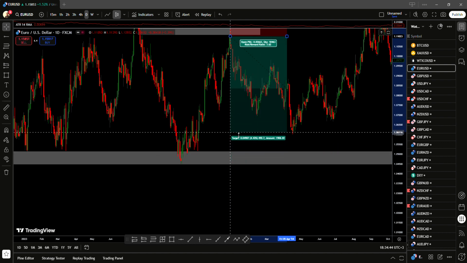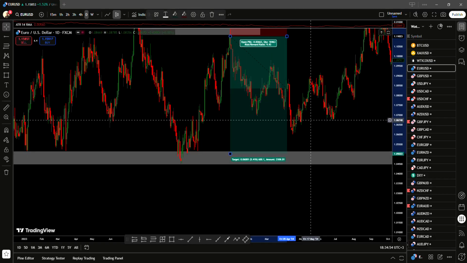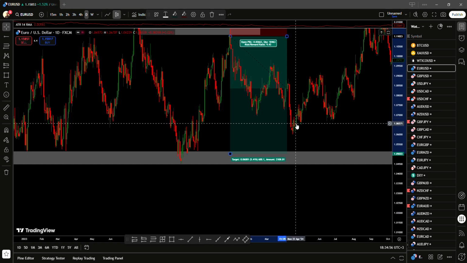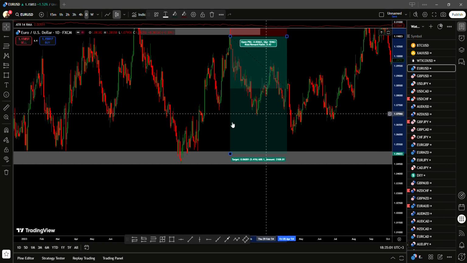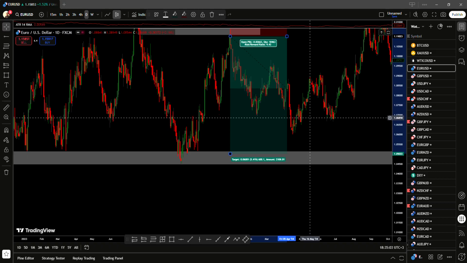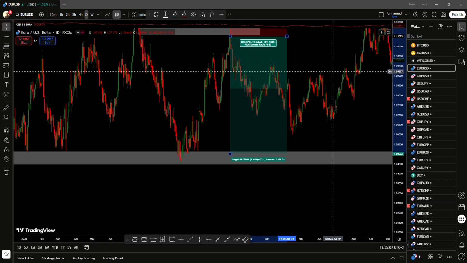However, price stopped at around 490 pips, 1 is to 3.6, and then it turned around. So if your take profit was here, you would be trailing, but I'm very, very certain that after your trailing, you would be stopped at around this area because you would trade price action to here and then it retraces, stops you out for around 1 is to 2, and then it turns back.